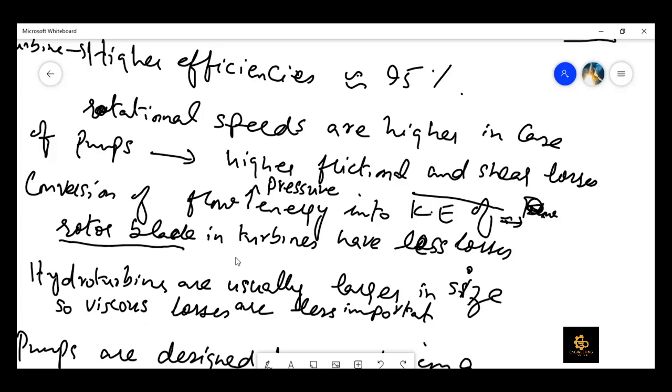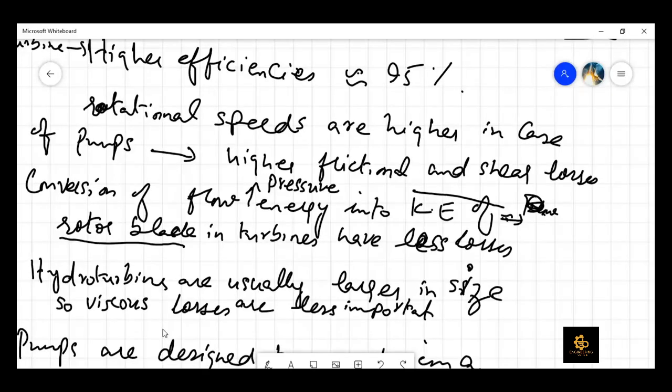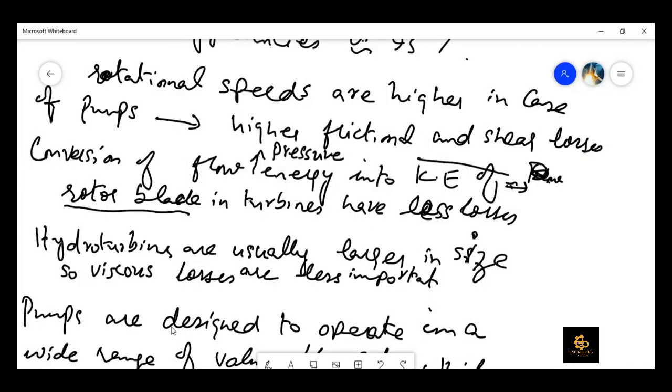And turbines are also designed to run for a specific volume flow rate of the fluid, so that we can design a turbine to have maximum efficiency. So these are some of the reasons due to which we have higher efficiency in the case of turbines.